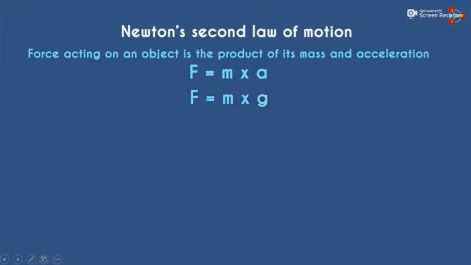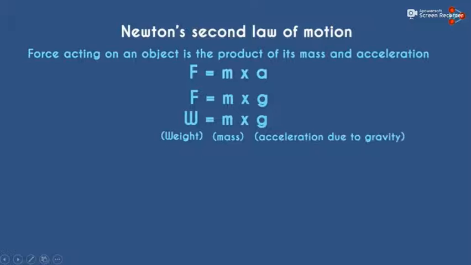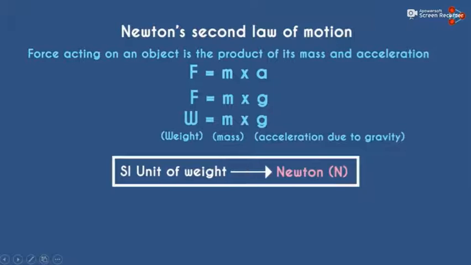So if we consider the weight of an object to be uppercase W, we can rewrite this equation as W equals m times g. So the weight of an object is the product of its mass and acceleration due to gravity. What will be the SI unit of weight? Can you guess? It'll be the same as that of force, Newton.